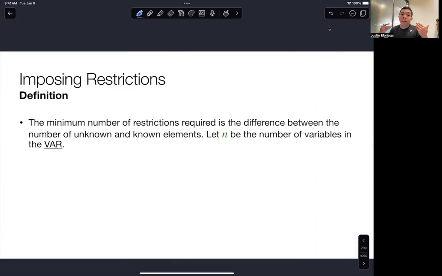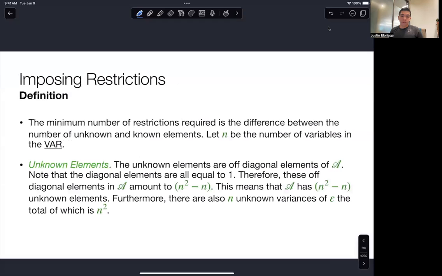The minimum number of restrictions required is the difference between the number of unknown and known elements. For example, let n be the number of variables in a VAR. Let's start with the unknown elements. The unknown elements are the off-diagonal elements of A. Matrix A is always a square matrix, so these are the off-diagonal elements, and these are the diagonal elements.